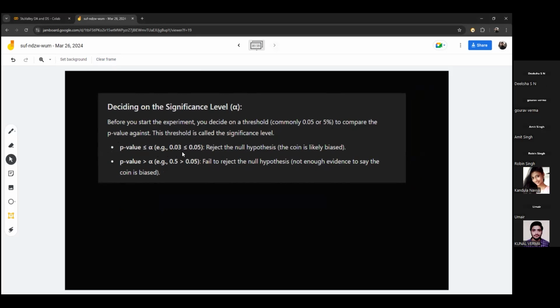If the p-value is less than 0.05, you can say reject the null hypothesis, the coin is likely biased. If the p-value is greater than 0.05, you say fail to reject the null hypothesis, not enough evidence to say the coin is biased.